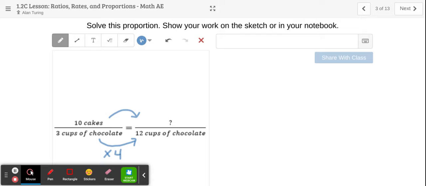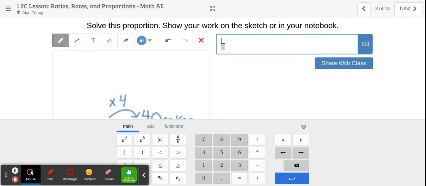So then if you multiply the numerator, 10 times 4, that would give us, or actually not 4, 40. 10 times 4 is 40. So I'm going to adjust that. So you would get 40 cakes to 12 cups of chocolate. So type that in.